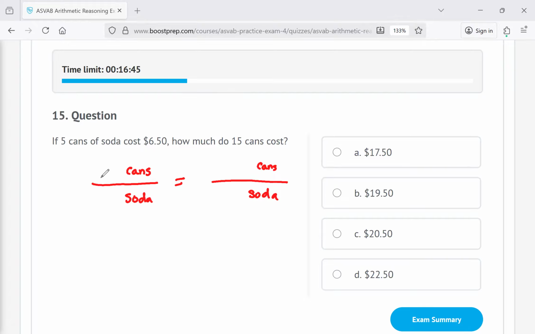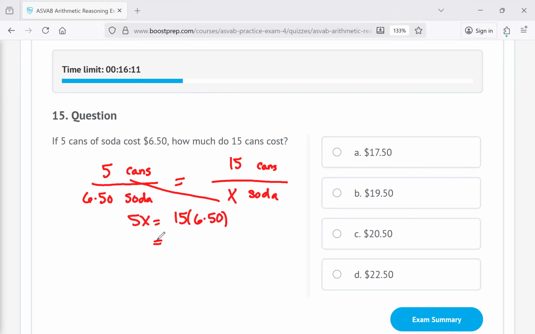If 5 cans cost 650, so 5 cans, 650, how much is 15 cans? We're given 15 cans. We don't know how much soda, so our unknown is soda. Go ahead and cross multiply. So that's 5 times x equals 15 times 650.